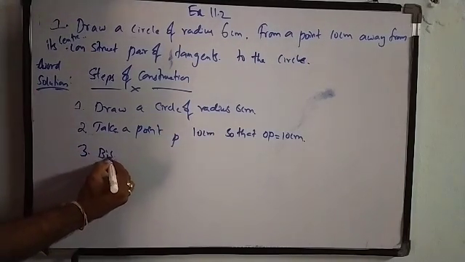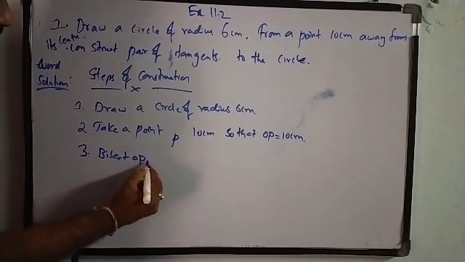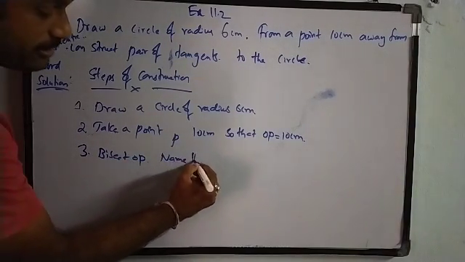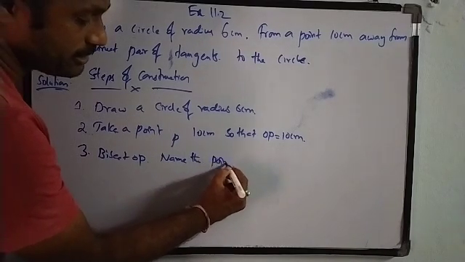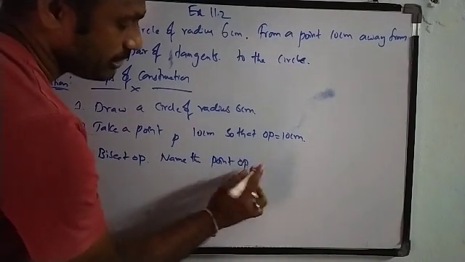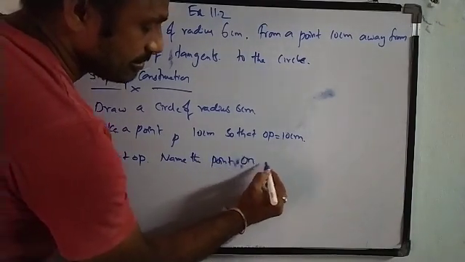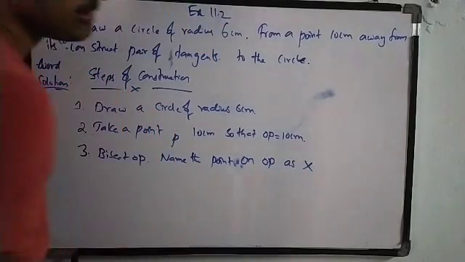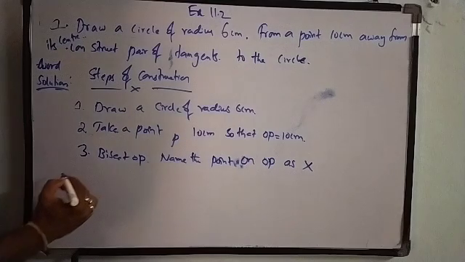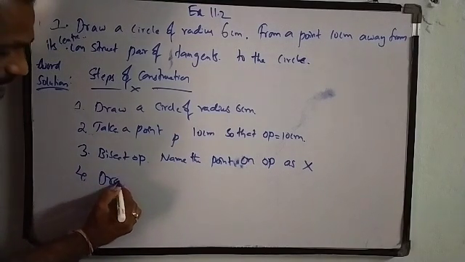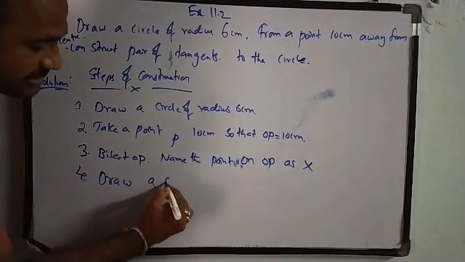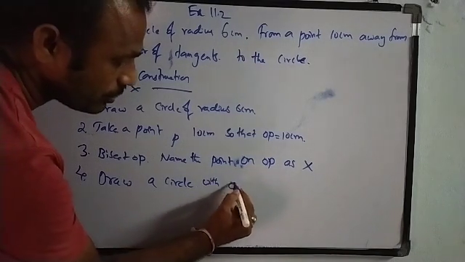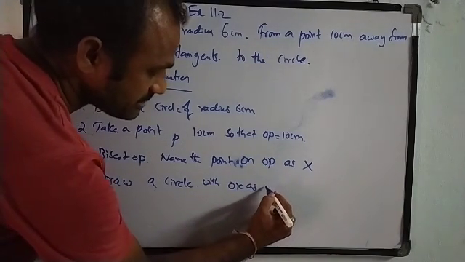Next, we need to bisect OP and name the point on OP as X. Step 4, draw a circle with OX as radius.